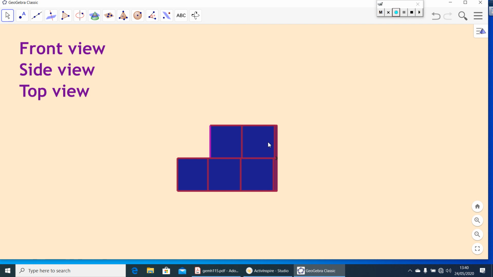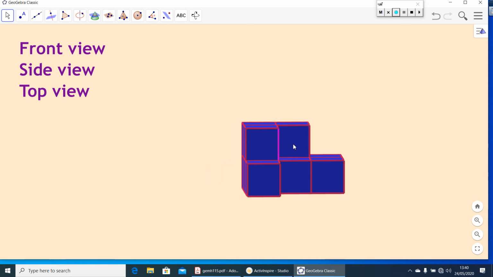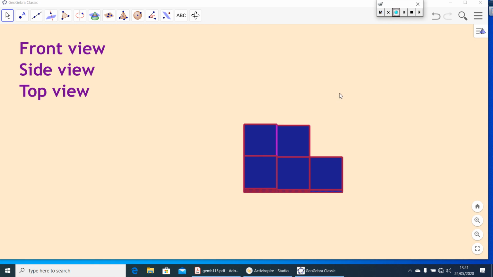Now let us look at the side view. In this side, this will be the side view. Here also 1, 2, 3, 4, 5 cubes you can see in a different way.